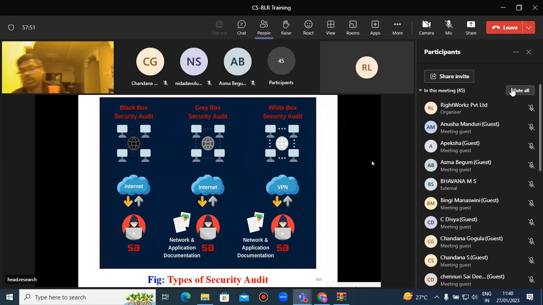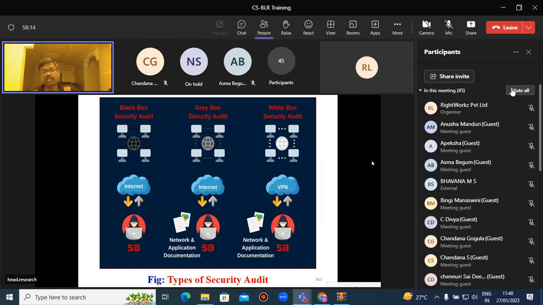What type of documents are being stolen, or what type of risk assessment happened in the organization? Through the network level, has any document theft happened? They are verifying each and every document or activity in the organization.